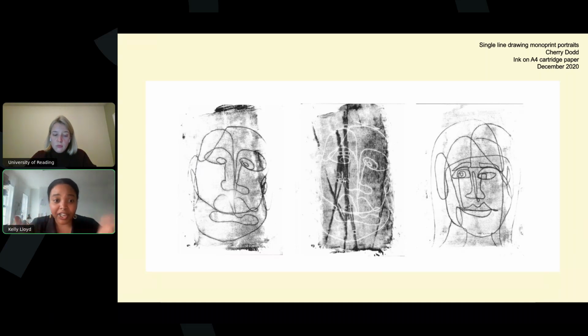I think Cherry's portfolio is really strong because even though quite a lot of them are portraits, they're portraits from completely different drawing styles. And they also often appear in series. So it's not just a one-off, it's something that she's actually interested in finding something about, getting better at, and she's demonstrating that through her portfolio.